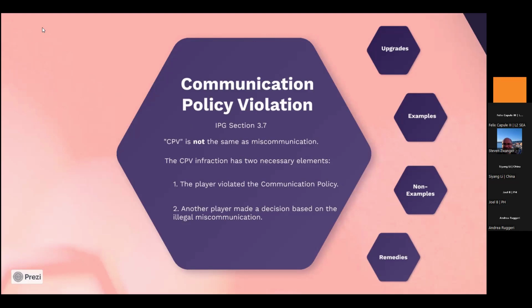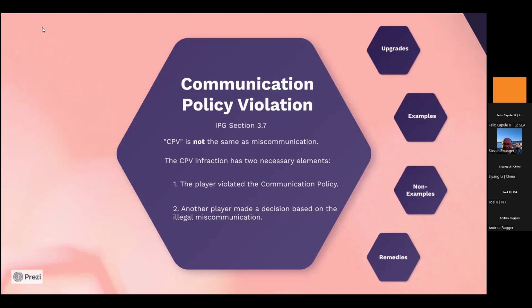So there are lots of types of miscommunication or just bad communication. And this can especially happen when a player is speaking a different language. Players can communicate unclearly, or they can say something that is just a little misleading because maybe they're speaking in a different language.